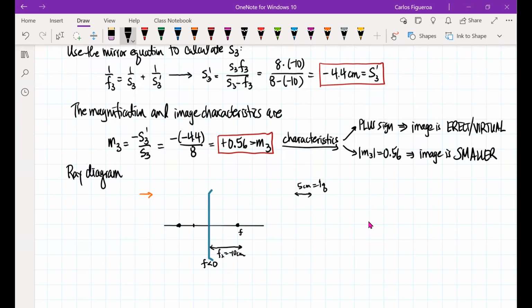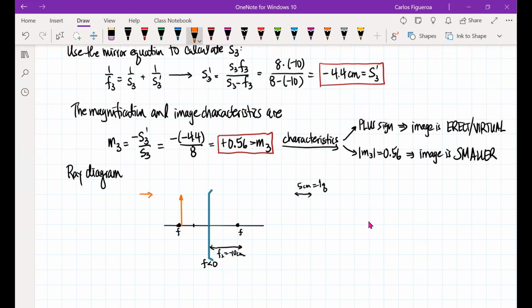So I know that this guy right here is F. So now my object is at 8. So I'm going to draw this, let's say this high right here. I'm going to say that this guy is my object here.